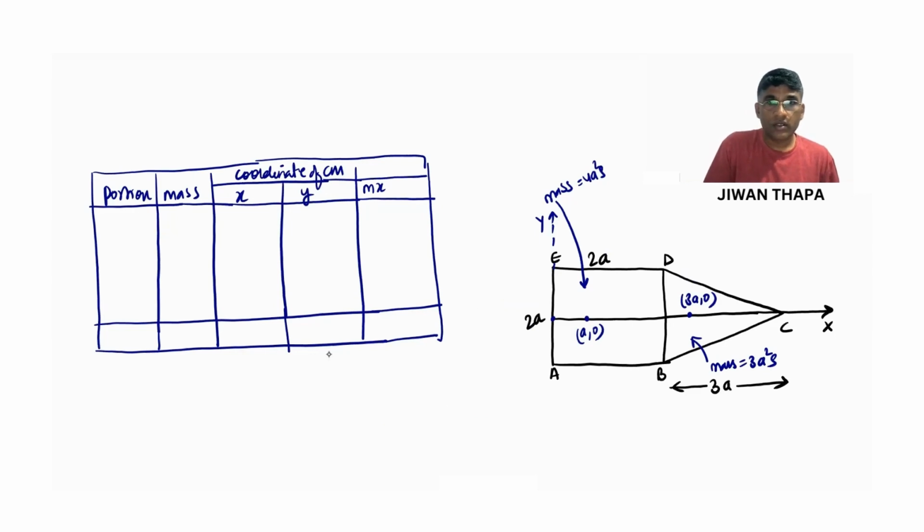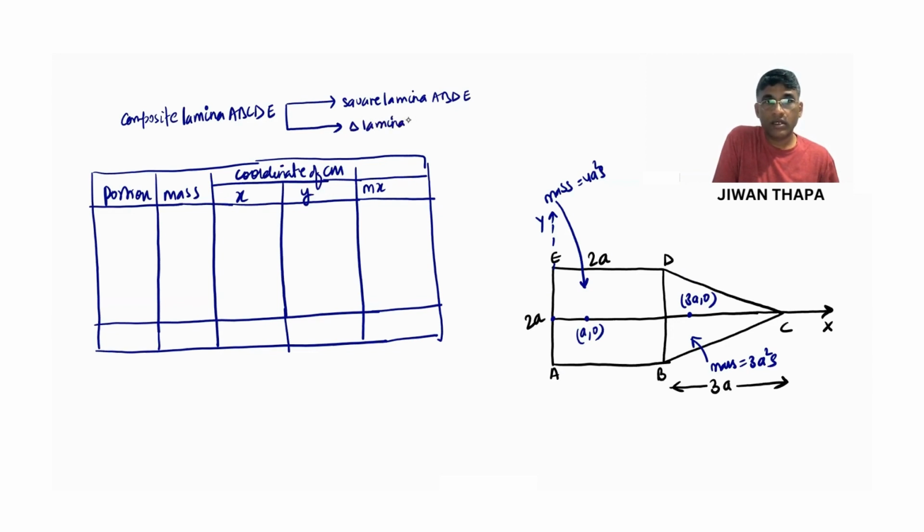Now, what we find is that the composite lamina A, B, C, D, E is made from the square lamina A, B, D, E and the triangular lamina B, C, D. These two laminae are added to get the composite lamina.